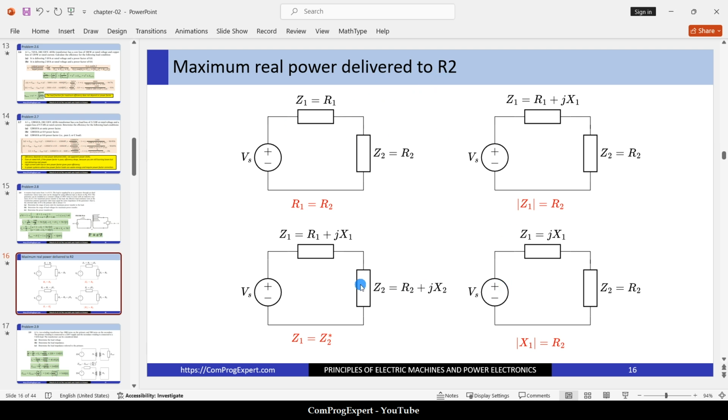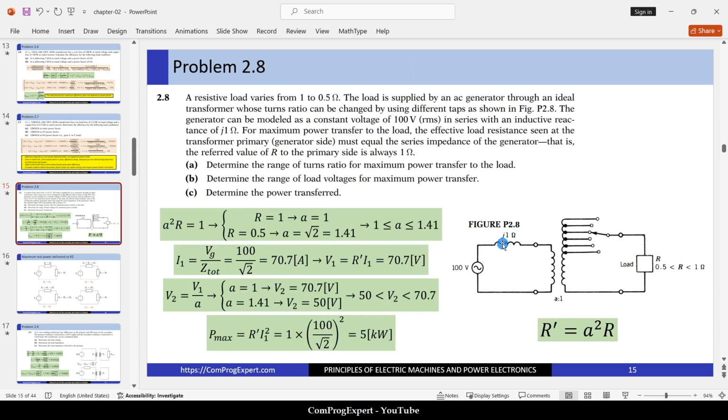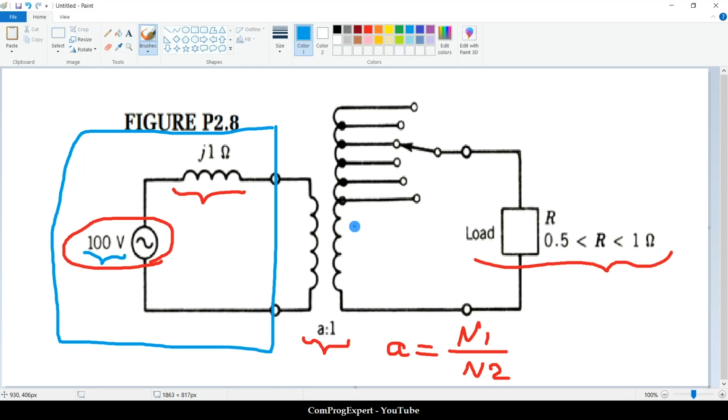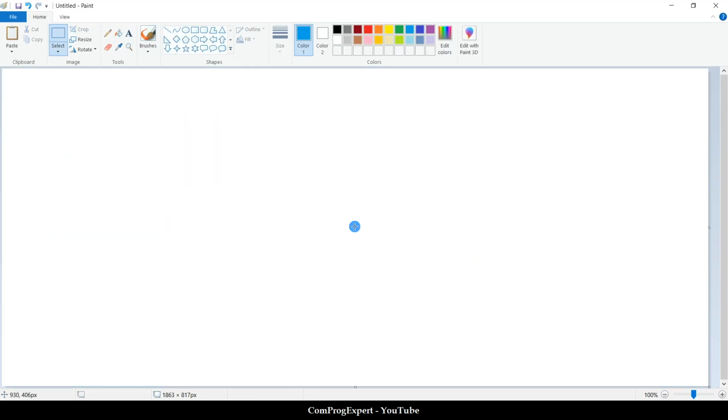Considering these circuits that we have from the electric circuit theory course, yes, for maximum real power delivered to this impedance Z2. So here, first let's transfer the load resistance to the primary.